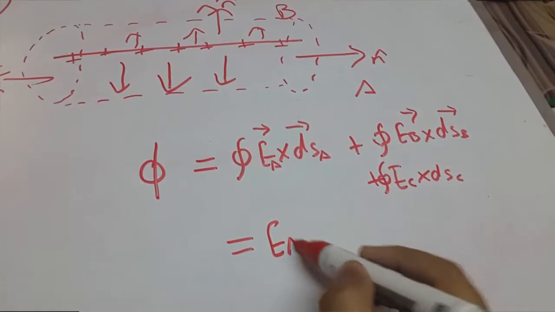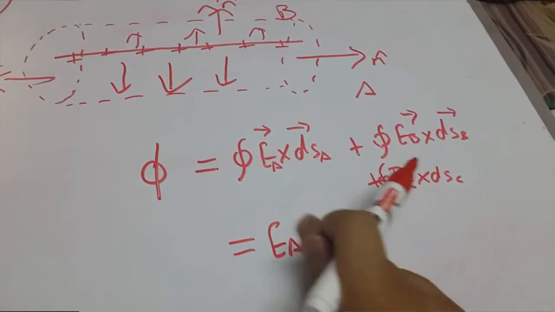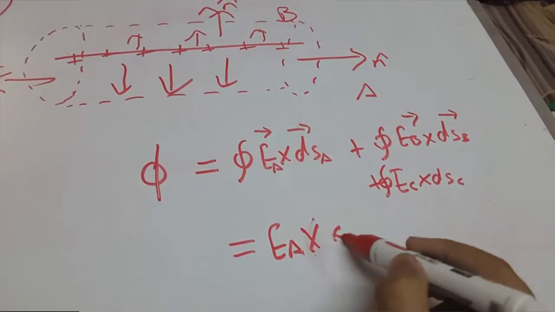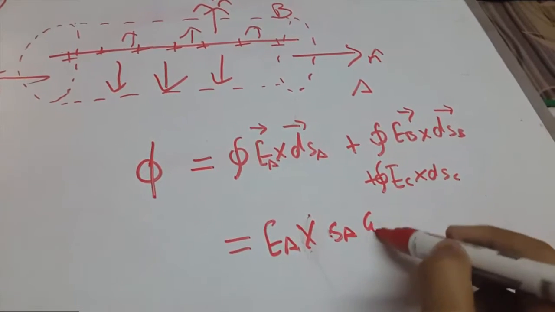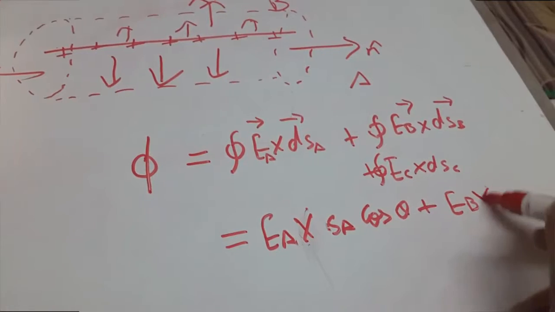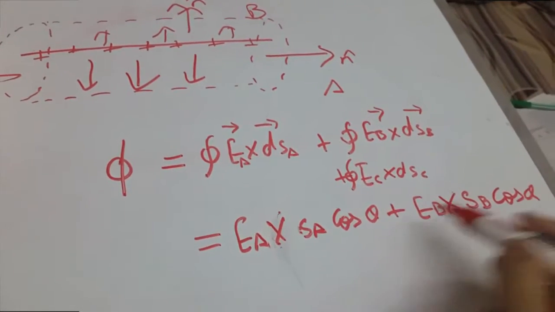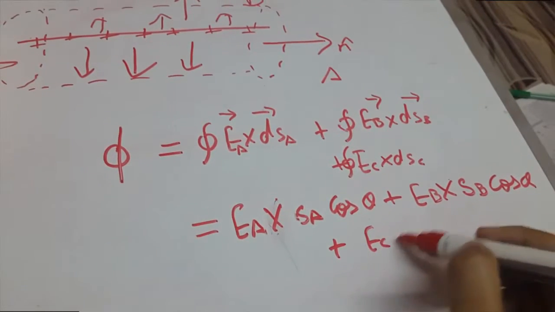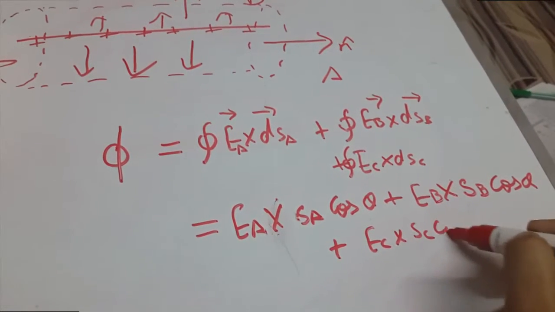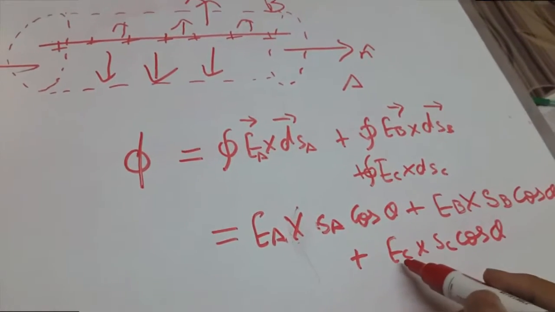So we can write it as EA SA cos theta plus EB SB cos theta plus EC SC cos theta, where S is the surface area and E is the electric field.